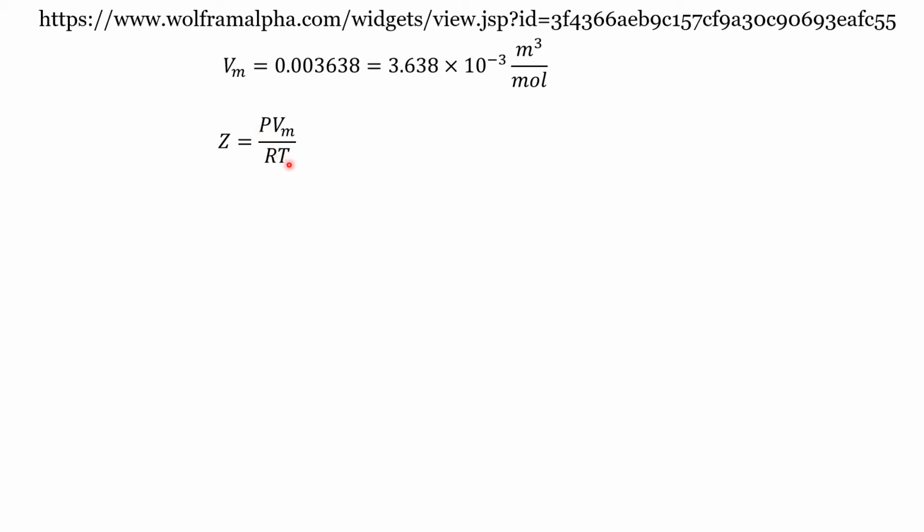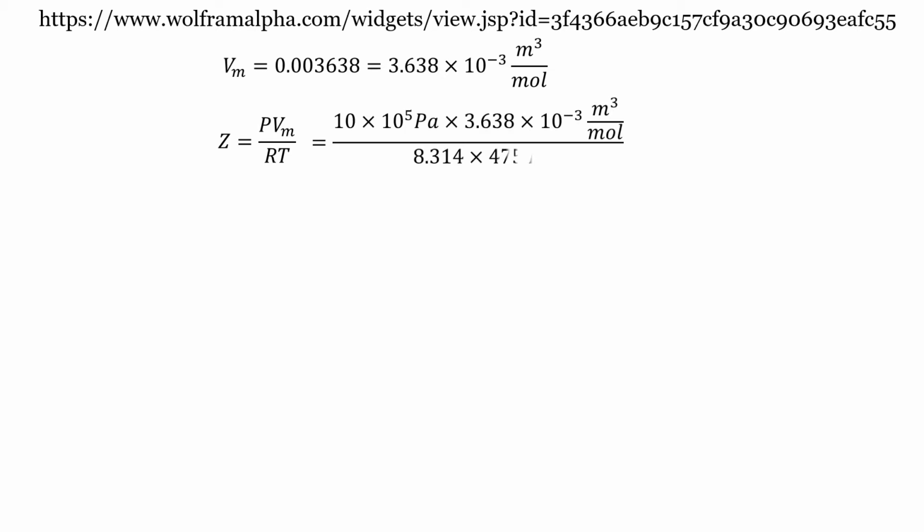Pressure and temperature are given in the problem and Vm we have estimated. So we can find the value of Z. The value of Z is 0.921.